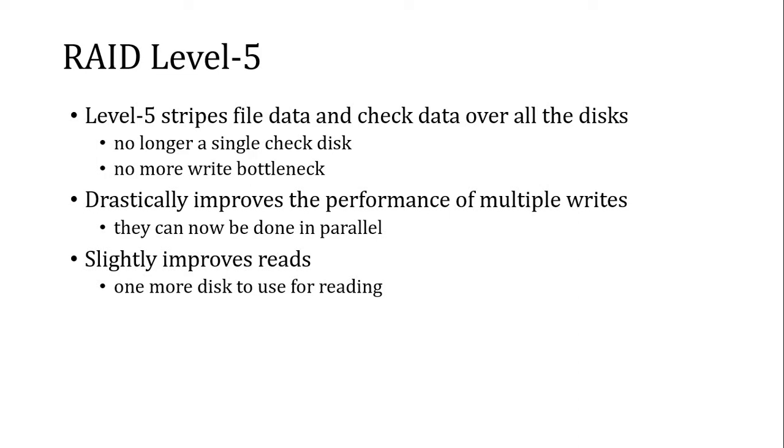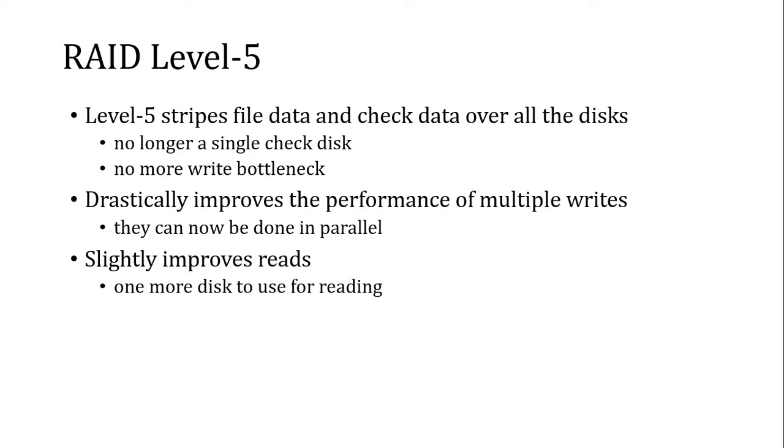Its main target is to keep the reading speed and the writing speed higher, because the main technological problem up to RAID level 4 was that the writing speed is low, but in RAID level 5 it is overcome.